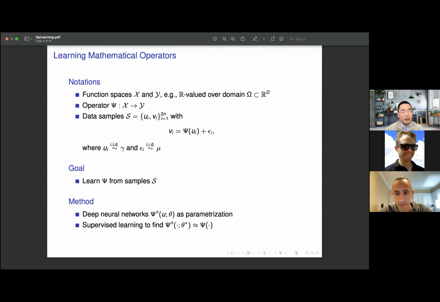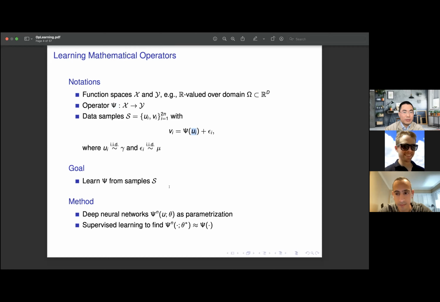Mathematically speaking, we have an unknown operator psi between two function spaces X and Y. We don't know this operator, but we have some samples generated by this operator. For example, we might have some functions u_i and v_i. The v_i is generated by the operator psi with u_i as input, with some possible noise.